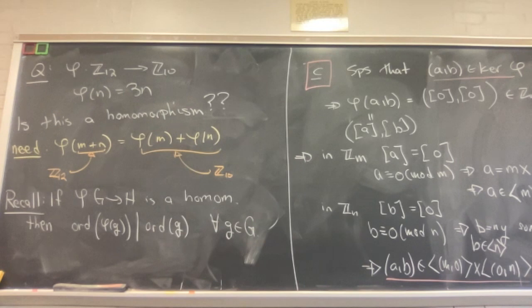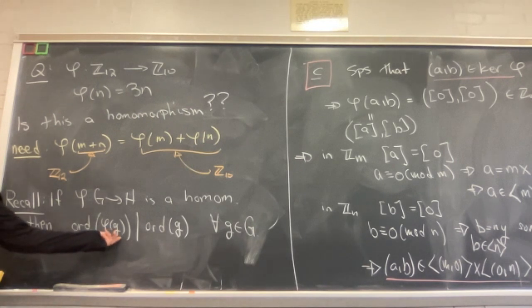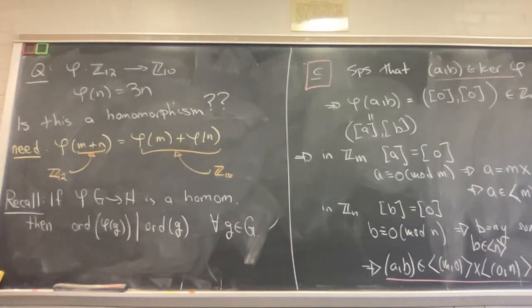So the number of times you have to combine phi of g with itself to get the identity has to divide the number of times you combine g with itself to get the identity.